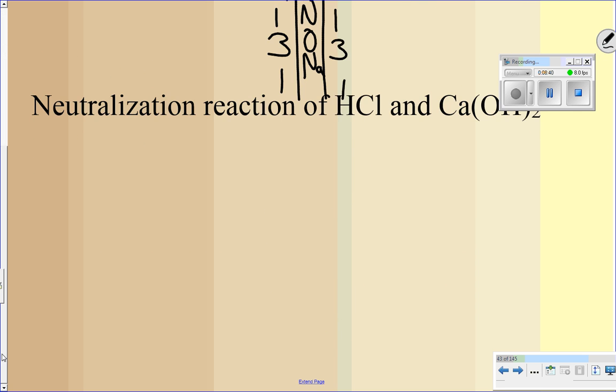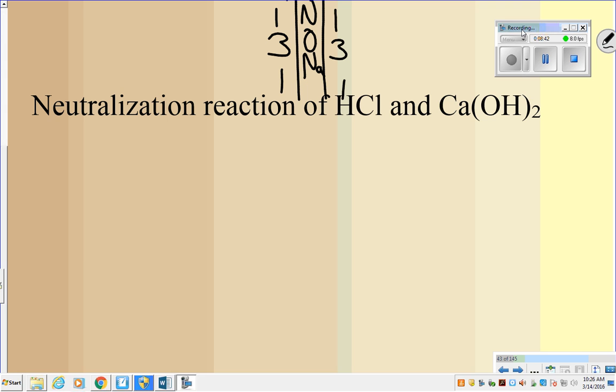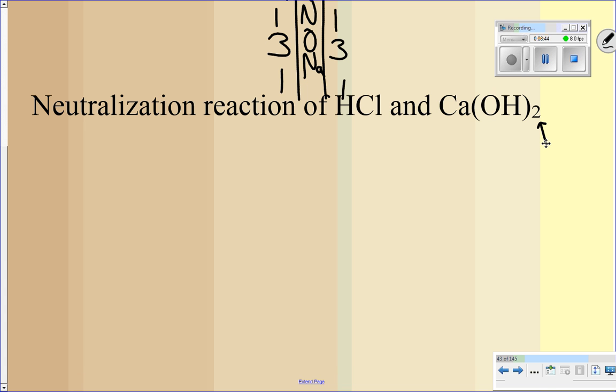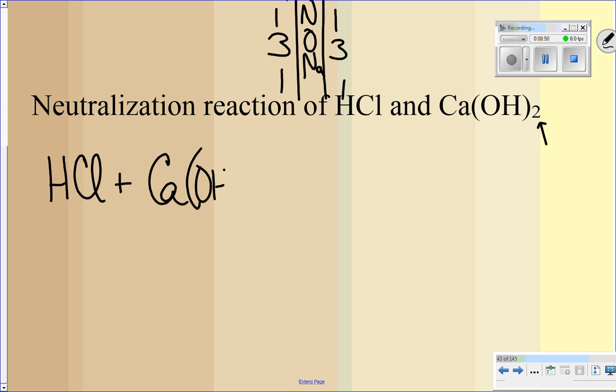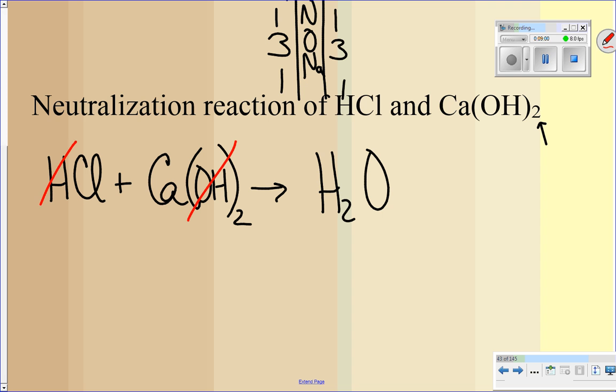Another example where I'm going to end up having a subscript that's going to cause me to need to do a little bit of balancing is when I react HCl with calcium hydroxide. Now I'm going to first go ahead and write my water. This water will be made up of OHs and H's.